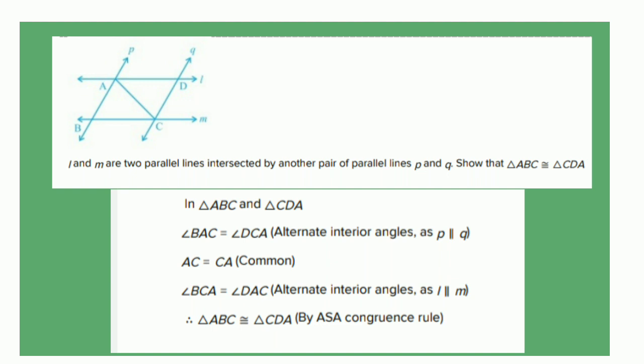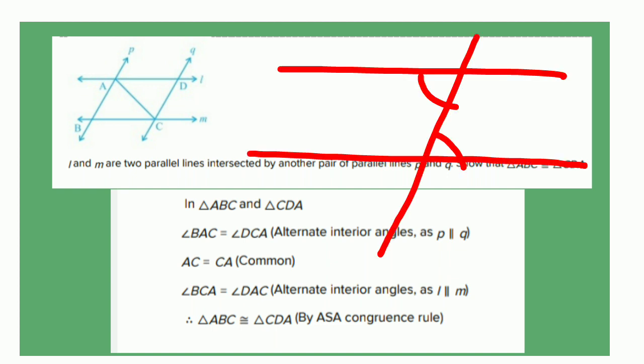For this we take angle BAC equal to angle DCA. These are alternate interior angles, because see in the figure angle BAC and angle DCA are alternate angles because they are parallel lines. So we know in parallel lines cut by a transversal, these two angles are equal.